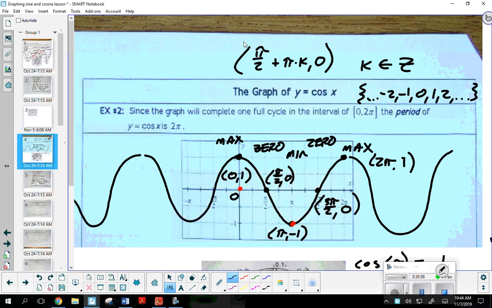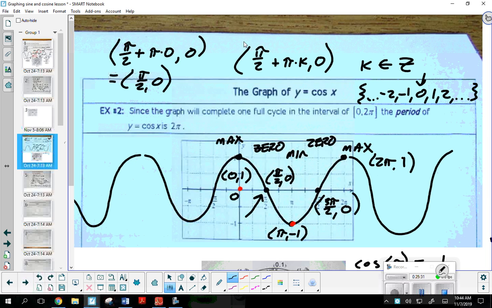Now let's go ahead and start with some that we already see on the graph. Like how about this guy right here? Okay. Well, I'm going to find him when k is equal to 0. Because think about it, what would pi over 2 plus pi times 0 be? Yeah, that's just pi over 2, 0.